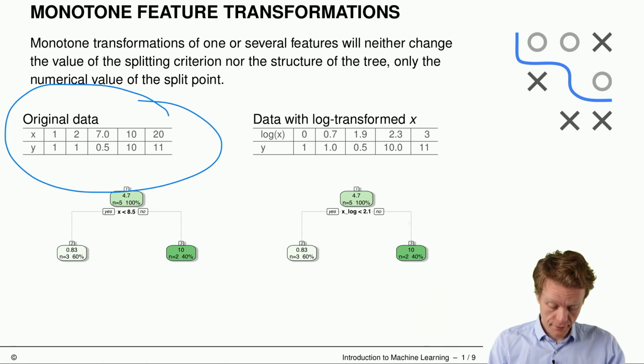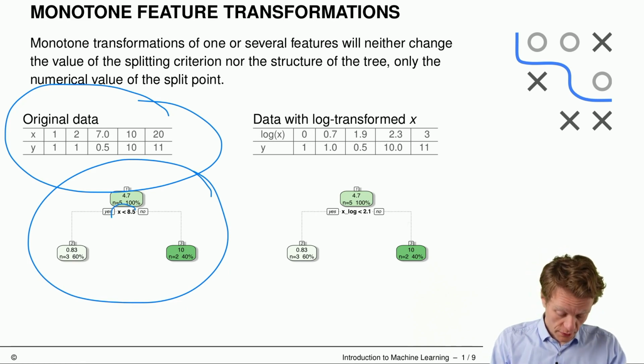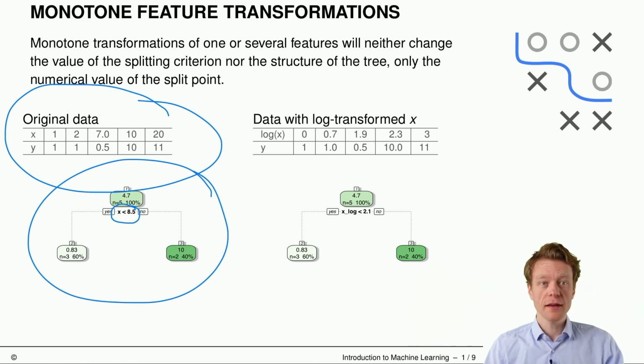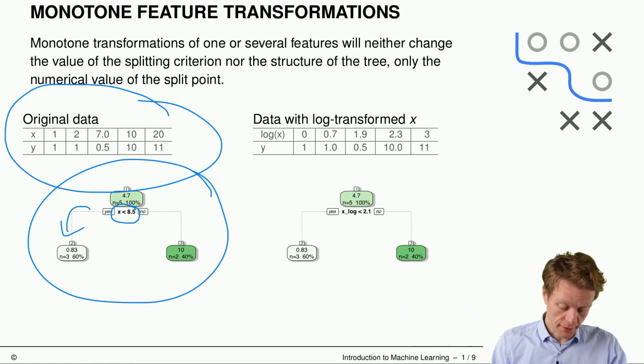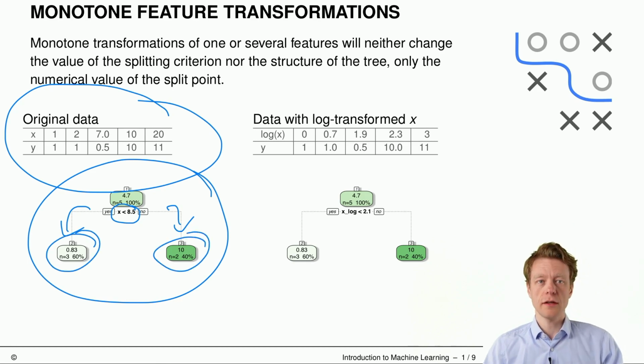And we have a tree corresponding to this data, just a stump, one binary split, and we split with respect to x equals 8.5, and on both sides we have some data points. On the left hand side 3 data points, on the right hand side 2 data points.